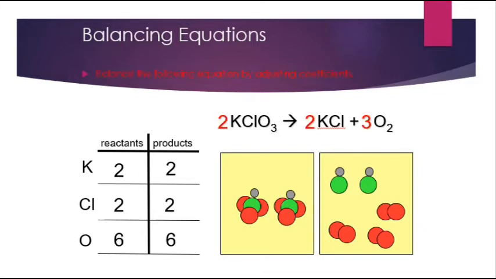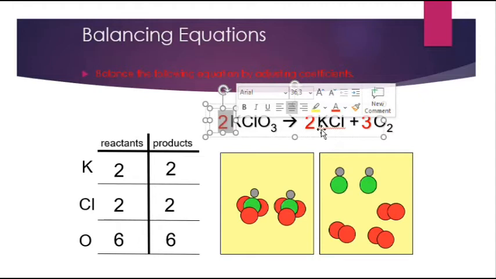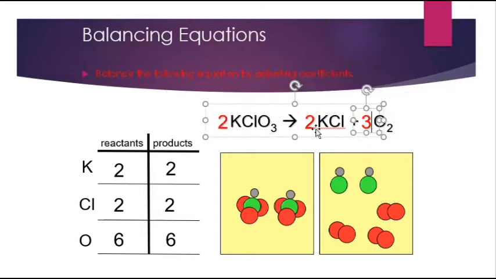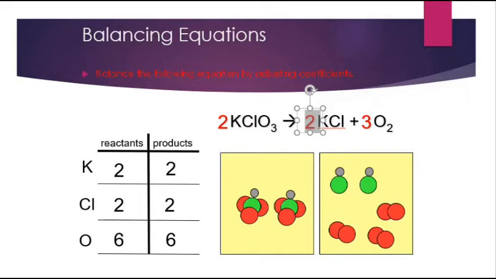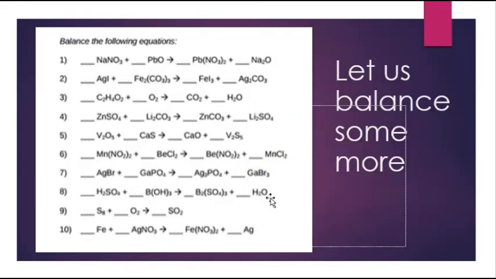All right. So we need to add 2 on both sides, and 2 to the oxygen: 3 oxygen and 2 in potassium chloride, to make it equal. So let us try to balance some more.